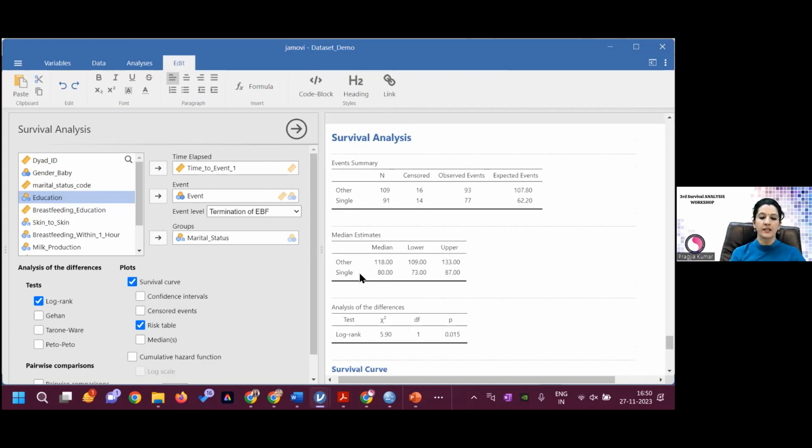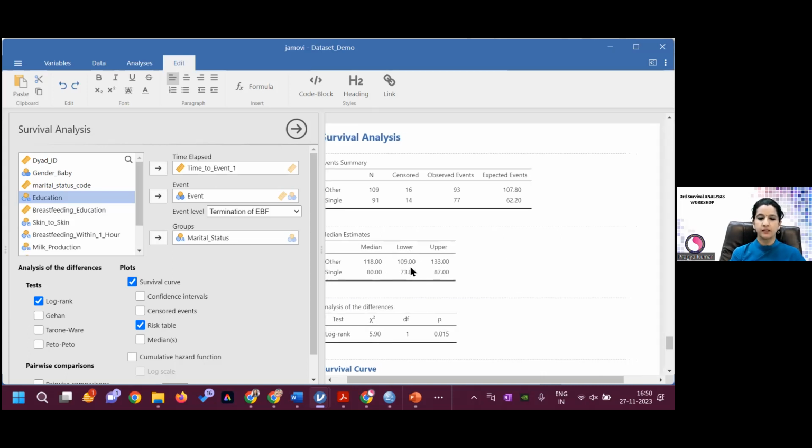So this is single. Marital status means married and others, like not married, single and maybe others. And then you can see that the others have 118 days and this is 80 days.